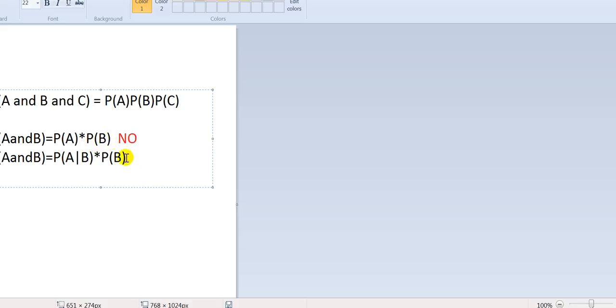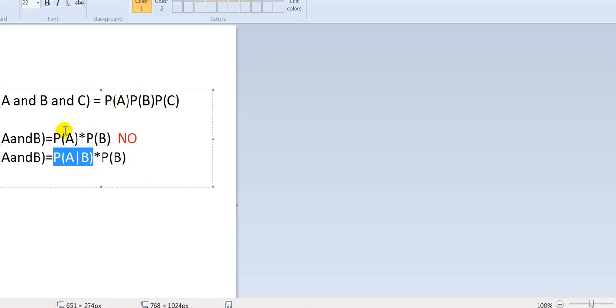Now where does this come from? You should know that. What's the definition of this? The probability of A given B is the probability of A intersect B, or A and B, divided by the probability of B. So I can bring that probability of B over here, and I get that. So I have to use this rule, but you have to use it cleverly, because it's not just 2 events, it's 3, so you have to figure out how to use it.